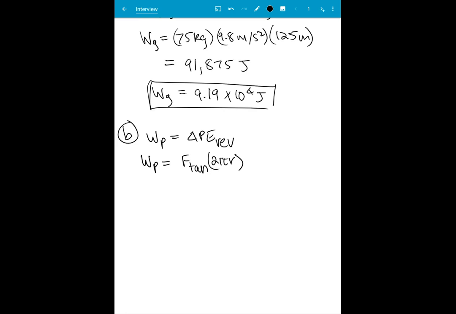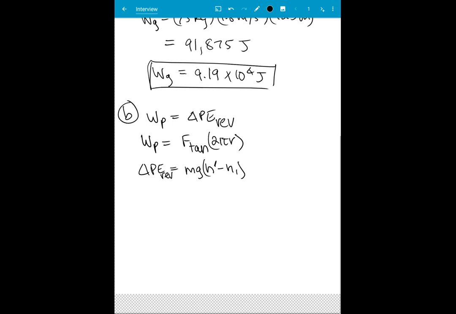And we know that the change in potential energy during that one revolution is going to be equal to the same formula, mass times the acceleration due to gravity, multiplied by h prime minus h1. But in this case, as in the case before, we're just going to assume that h1 is 0, our baseline, because we're calculating from h1 to h prime anyway, right? So we could call this h prime minus h1, or just h prime. It doesn't really make a difference.